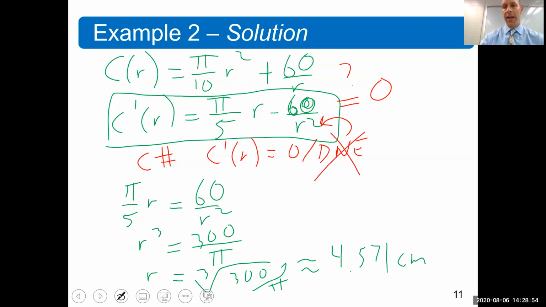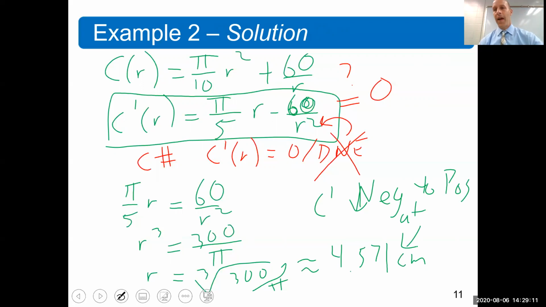You could see based on this that C prime is going to change sign from negative to positive at this value. That makes it a minimum. Okay, now that we have r, which by the way, this is the exact answer over here, the cubic root of 300 over pi.